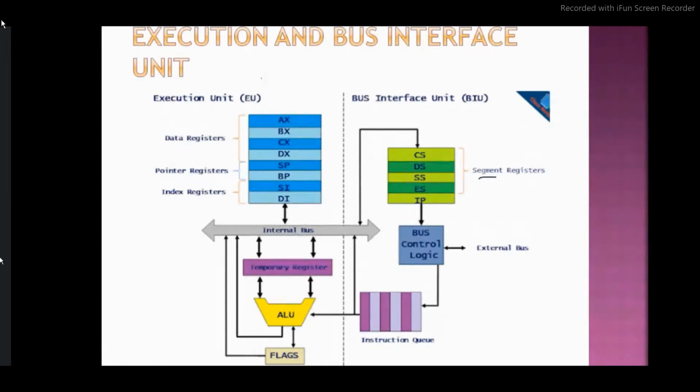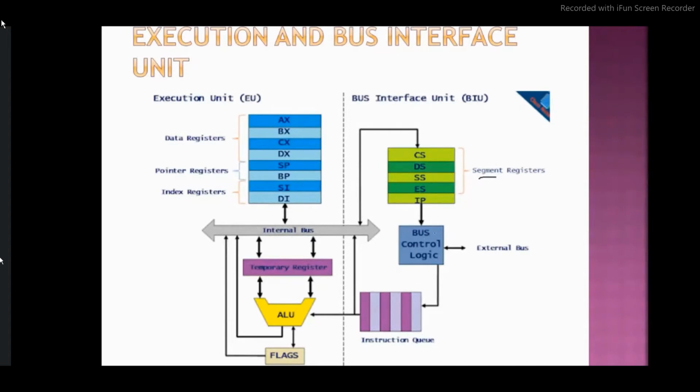There's a dotted line acting as a separation between the two units, the execution unit and the bus interface unit. Whatever data is stored in the segment registers is given to the bus control logic and then the instruction queue. The instruction queue is a 6-byte queue, responsible for storing the next instruction.